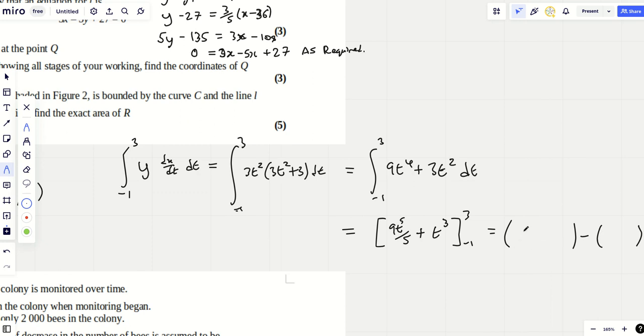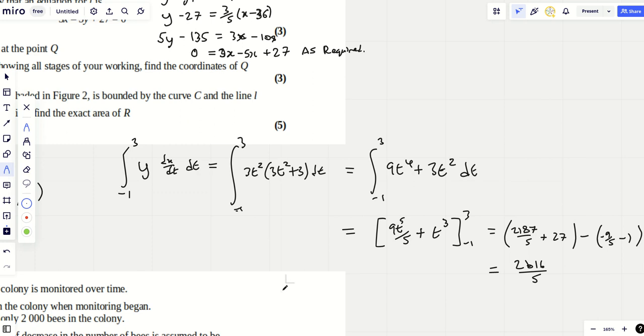I'm going to quickly work out 3 to the power of 5 times 9 divided by 5, 2187 over 5, plus 27, minus, okay, that's going to be minus 9 over 5, minus 1. Now you can sling it in a calculator, and I think you get 2616 over 5.